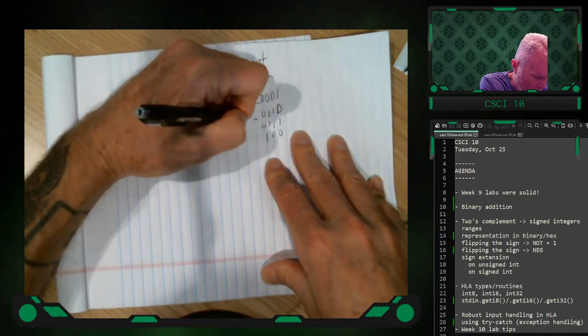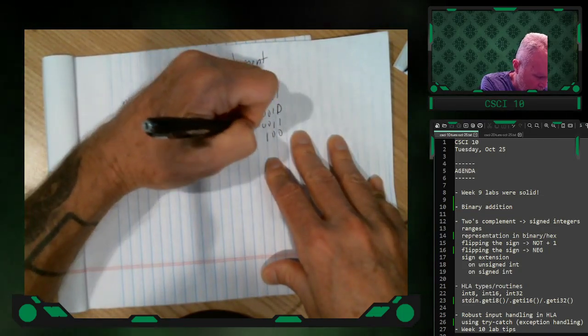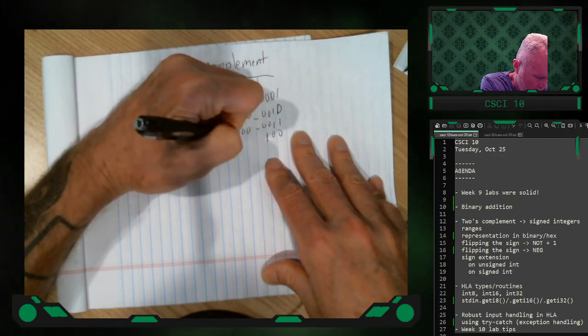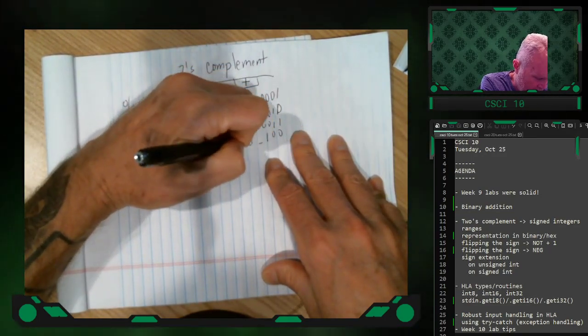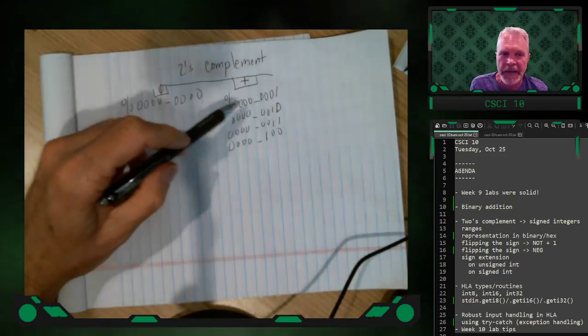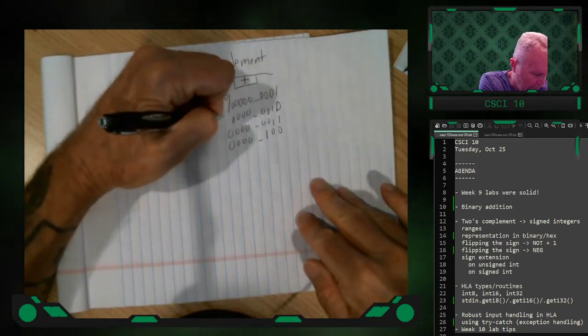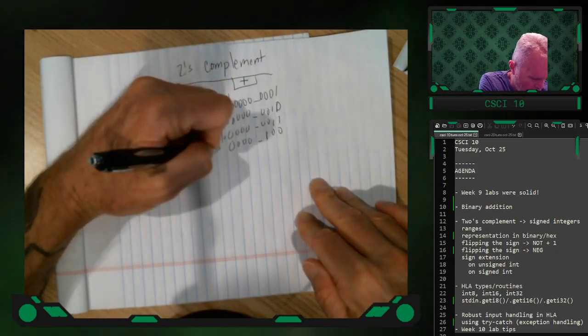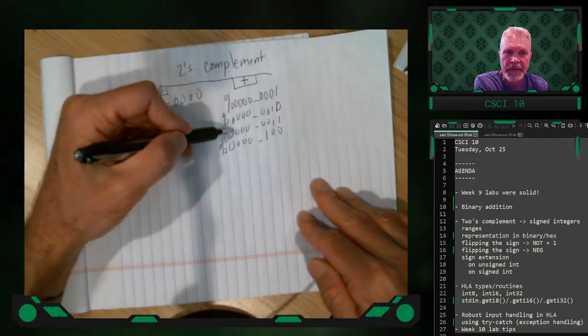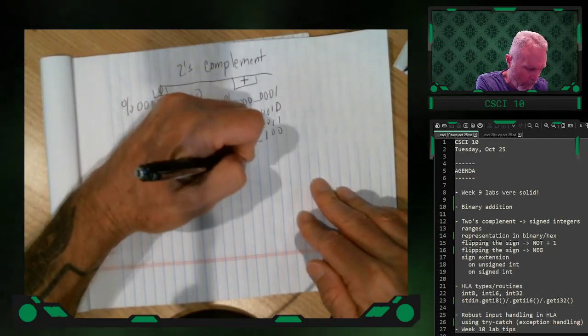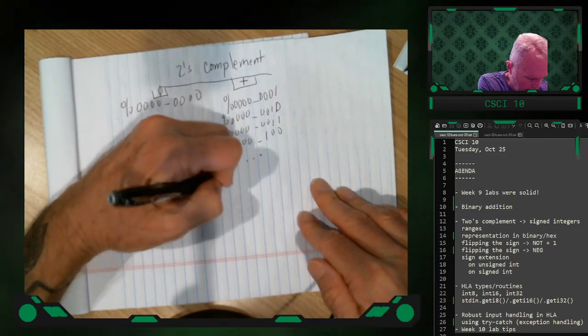I'm not going to write them all because I don't want you to spend the rest of your life watching me write 127 of these combinations, but you get the idea. These are all leading 0 or high order 0, which means that we know they're positive. And this is going to go all the way up to this value.